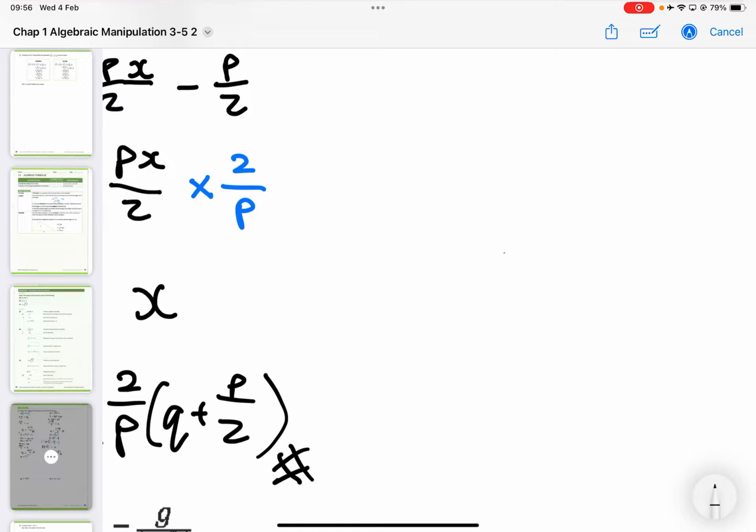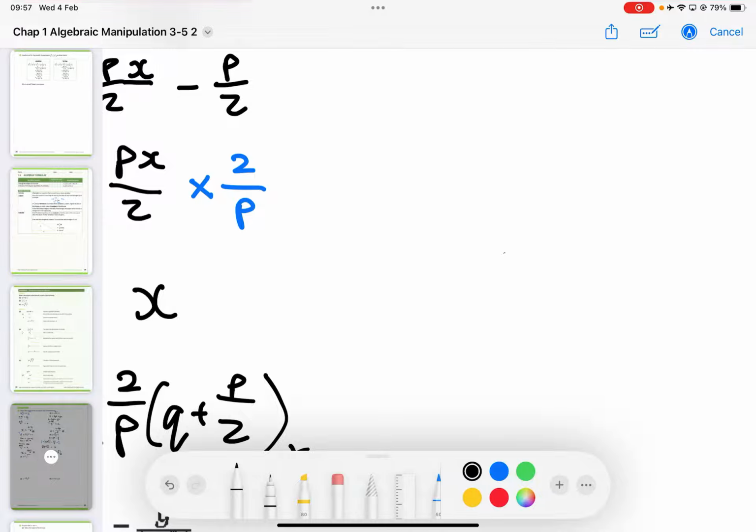Then the 2s cancel, the p cancels, I can also get to x. You can still divide. Actually, dividing by p over 2 is the same as times 2 over p.